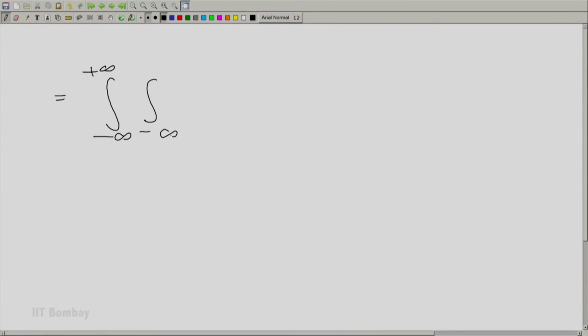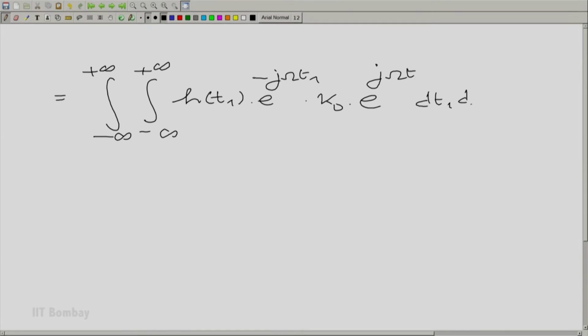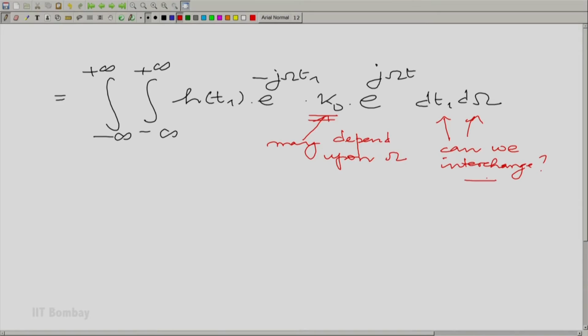Let us quickly put them all together, and we realize that kappa 0 might possibly depend on omega. We do not know, it may just depend. Let us see if we can interchange the order.